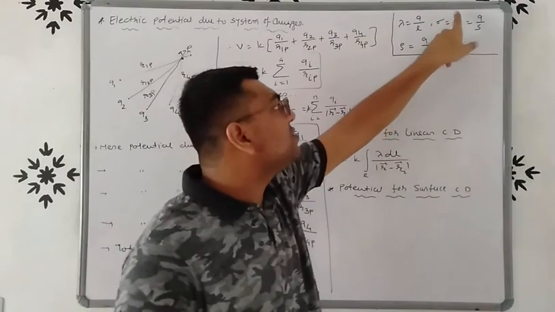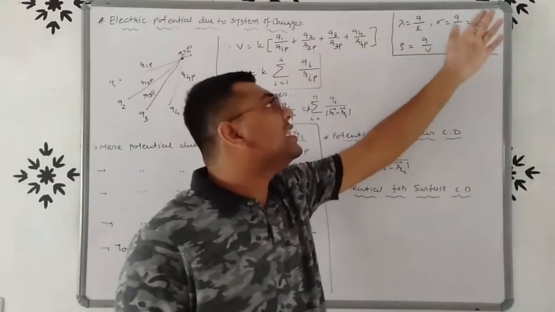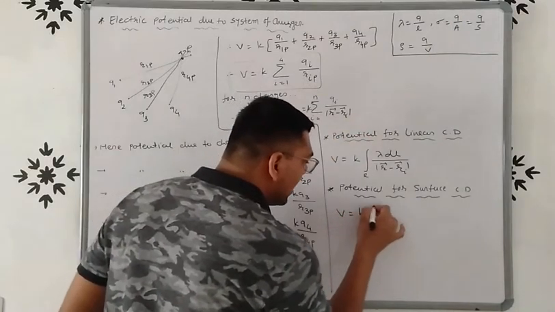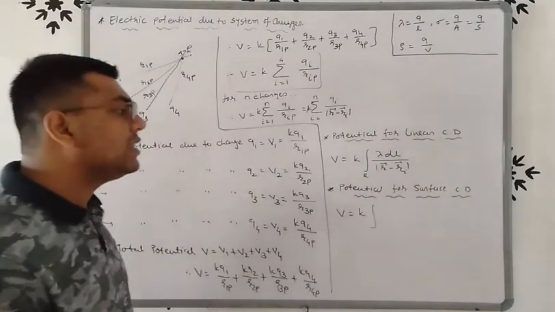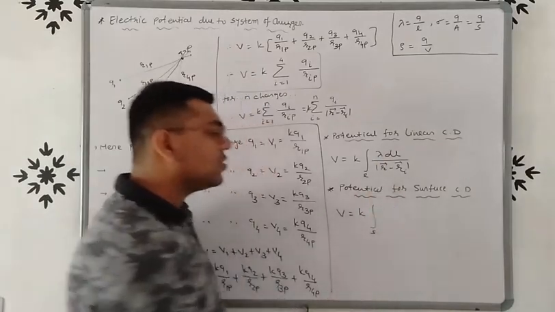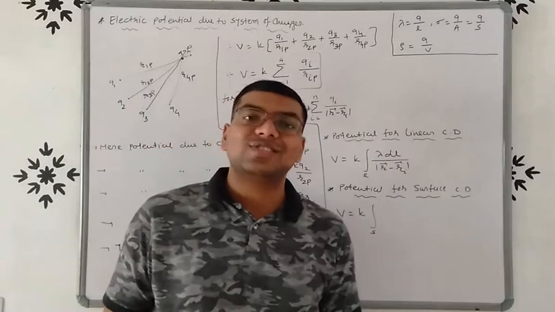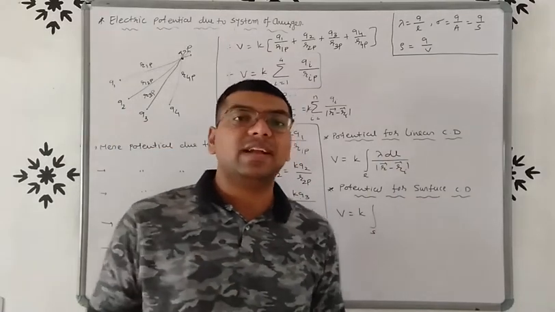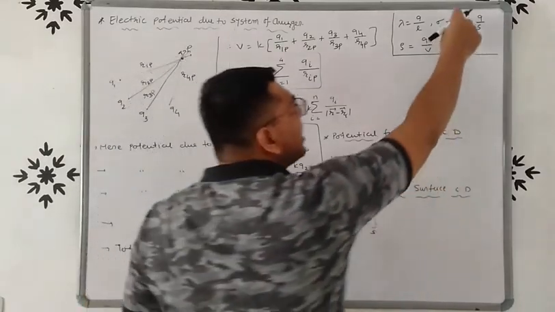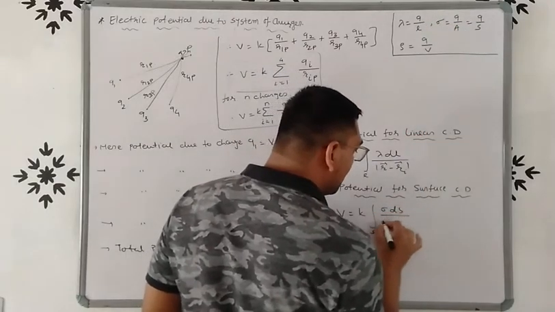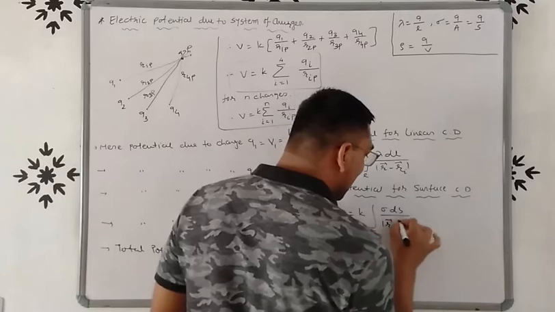So sigma is equal to dq by dA, or we can say dq by ds. To find out the total potential, k as it is, we have to take the surface integral. So V is equal to kq by r, and we have to take the element of charge dq. So dq is equal to sigma into ds, upon r minus r'.